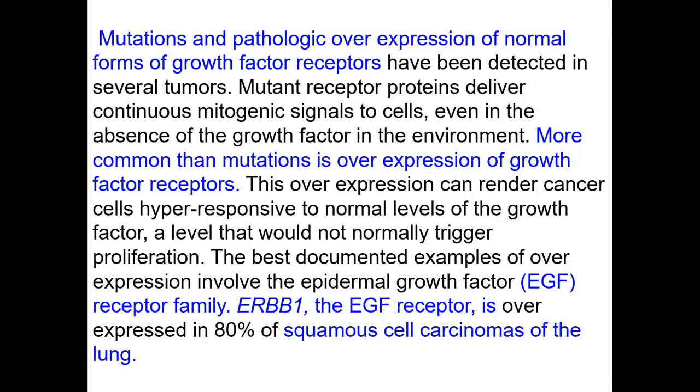This overexpression can render cancer cells hyper-responsive to the normal level of the growth factor, a level that would not normally trigger a proliferation. The best example for overexpression involves the epidermal growth factor receptor family, اللي هو الـ ERB1, and the epidermal growth factor receptor is overexpressed in 80% of squamous cell carcinoma of the lung.